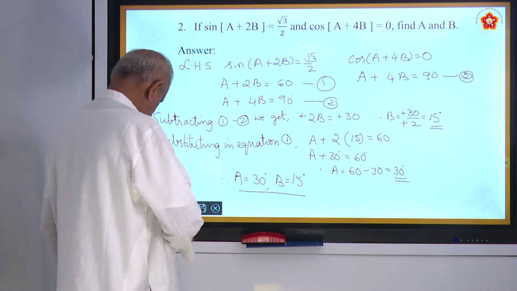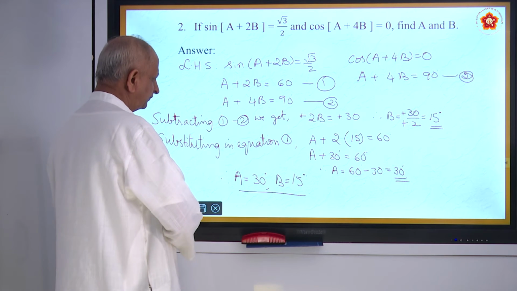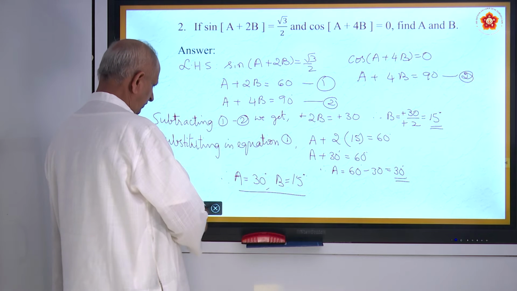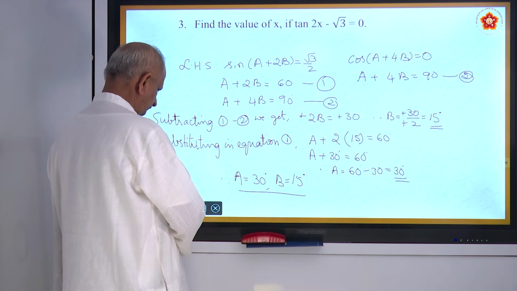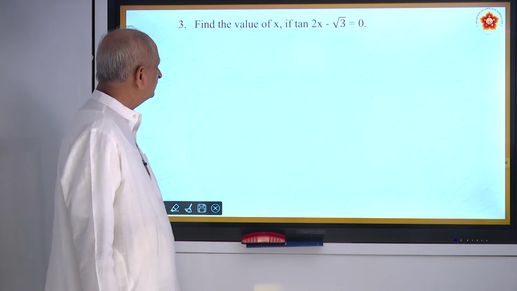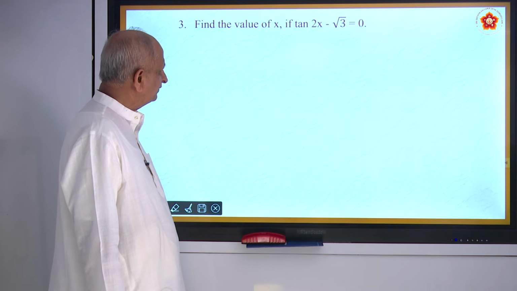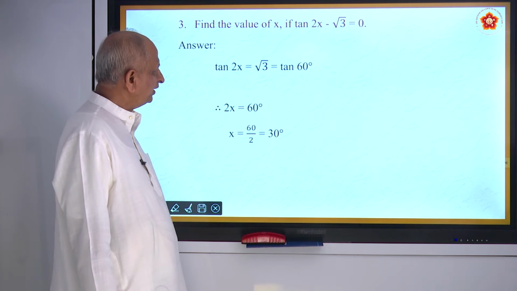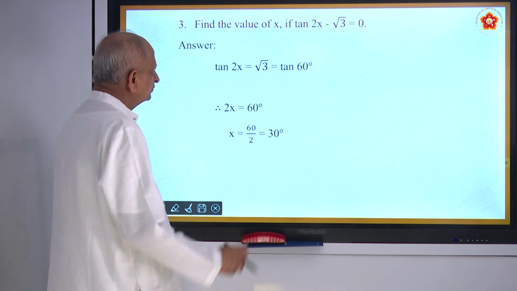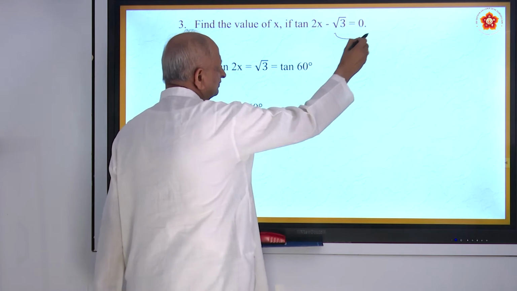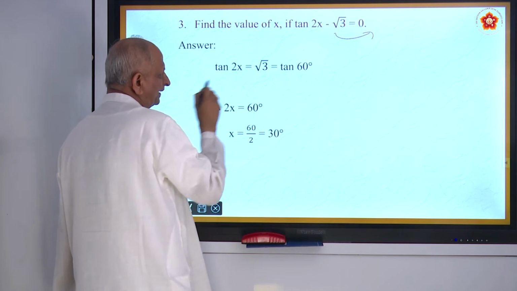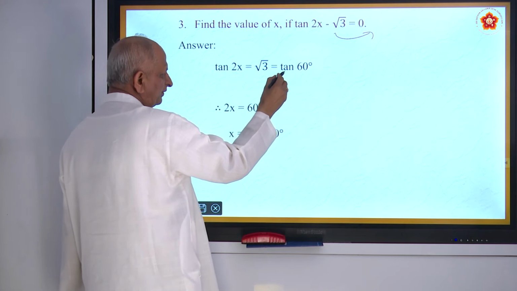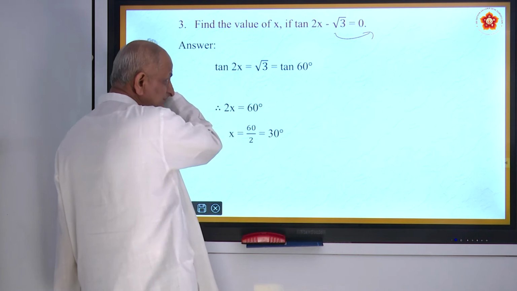Followed? Taken down? Okay, we will move on to the next question. Next question is, find the value of x if tan 2x minus root 3 is equal to 0. So minus root 3, bring this side, becomes plus root 3. You get root 3 when the angle is 60 degrees.